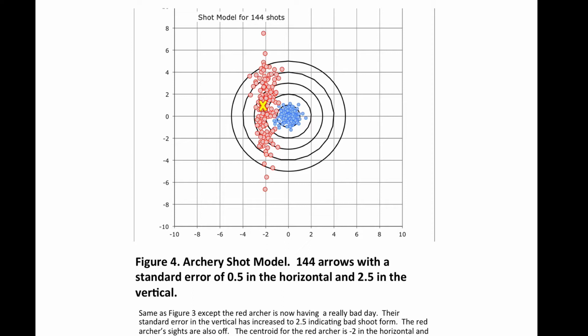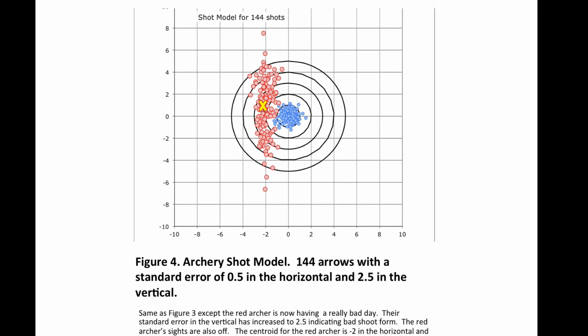They are experiencing significant variations in the Y. So the standard deviation in the shot pattern in the vertical is 2.5. They're doing better in the horizontal. So this is an extreme case. Their distribution is on the order of a half, but the centroid of this pattern is also shifted 1 unit in the vertical and -2 units in the horizontal.